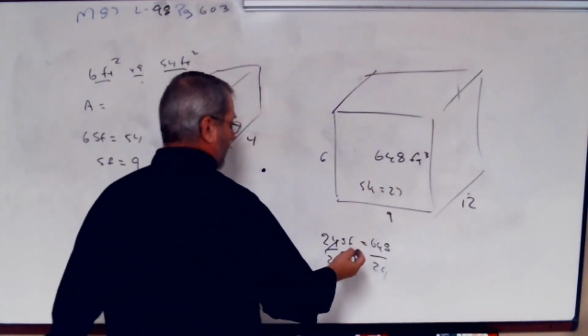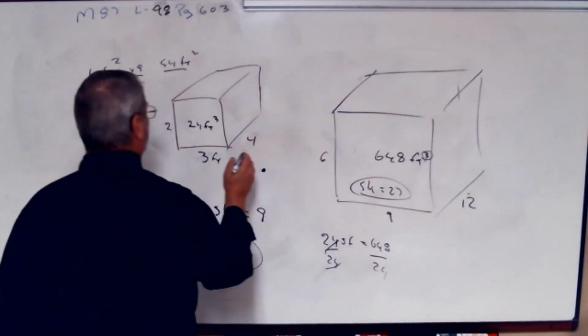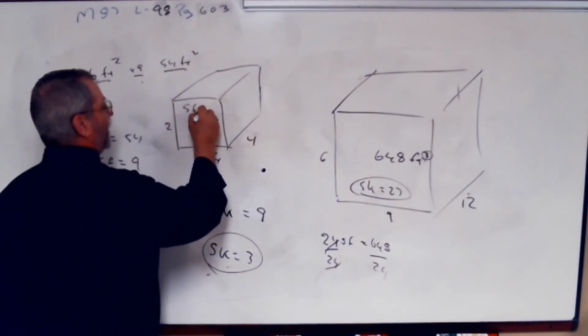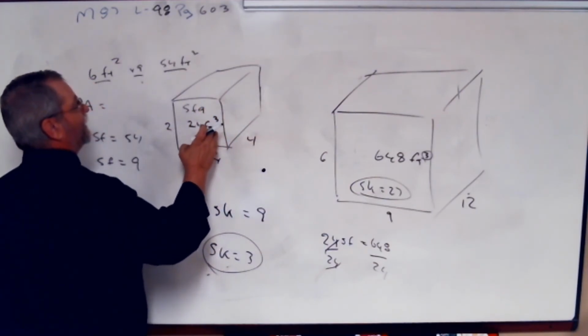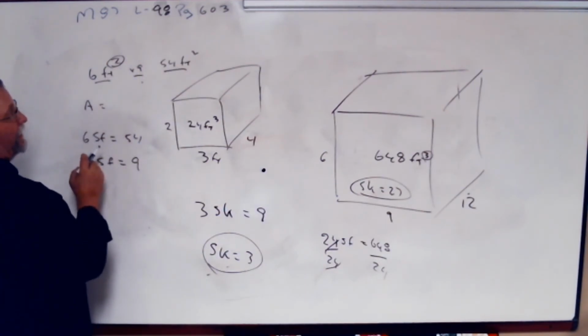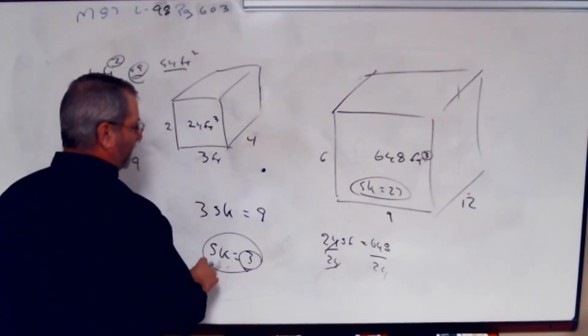Now watch. 27, and we're cubed. Okay? The scale factor over here is 9. The scale factor over here was 9, and we're squared. Okay, 9. The scale factor here is 1, and it's just exponent of 1.